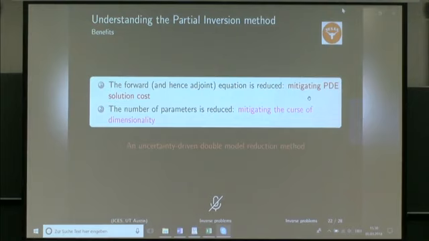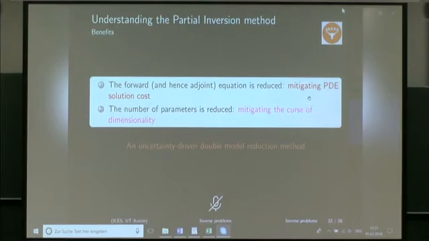In particular, it will not pay off, because you can simply solve the original deterministic problem once, and that's good. Versus this method, you require a number of forward equations, as many as the number of samples of the conductivities.